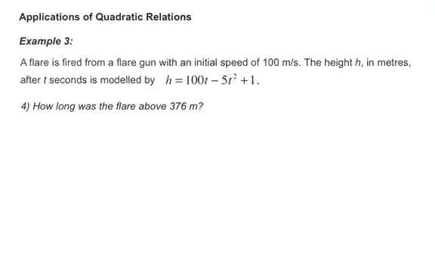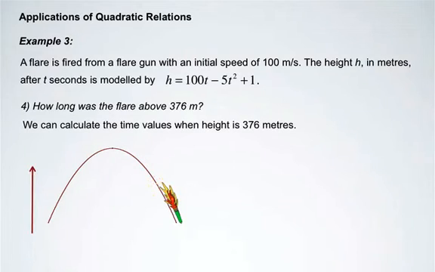Another question we can ask is how long was the flare above 376 meters? We can calculate the time values when the height is 376 meters. So we'll have 2 points.